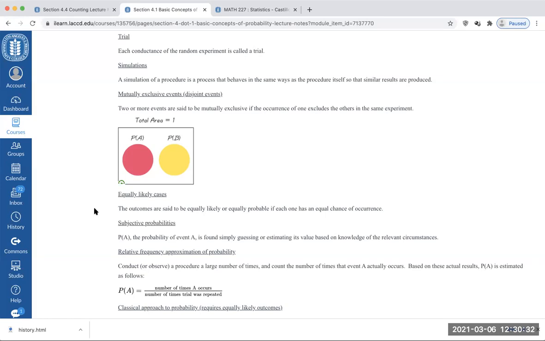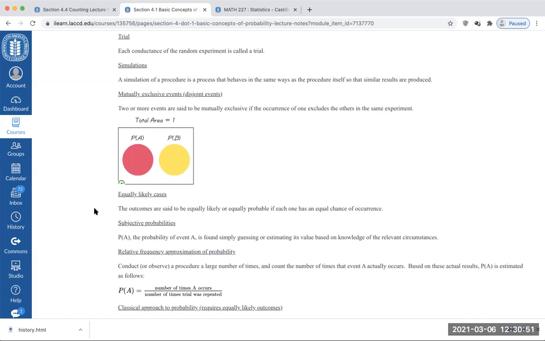So it turns out that if you have equally likely cases, then probability is really just counting. It's really sort of a branch where we're really looking at, can you count?